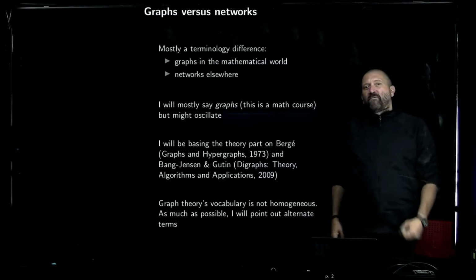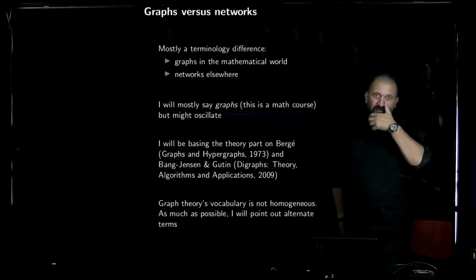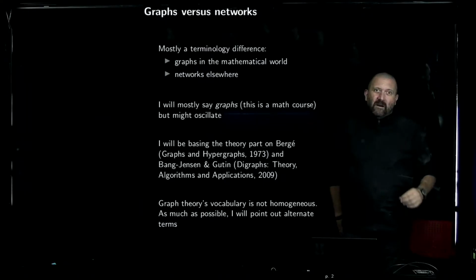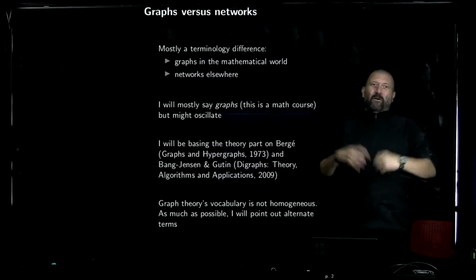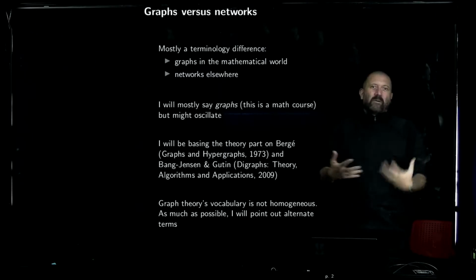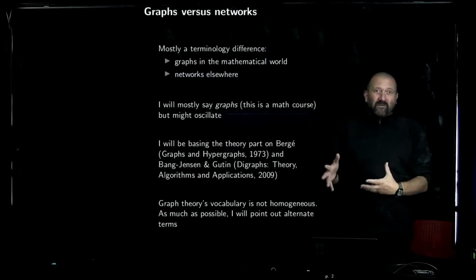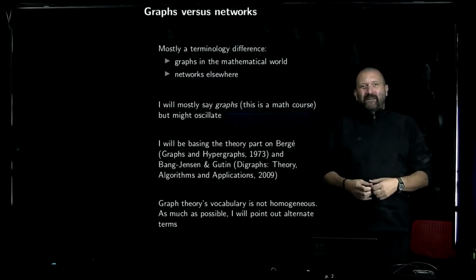And there's a more recent book by Bang-Jensen and Gutin that I will be using for some material as well. These are hard books. Don't expect to open them and find your way around. There's probably much better textbooks for some of the aspects of what we're doing, but you have to choose something.